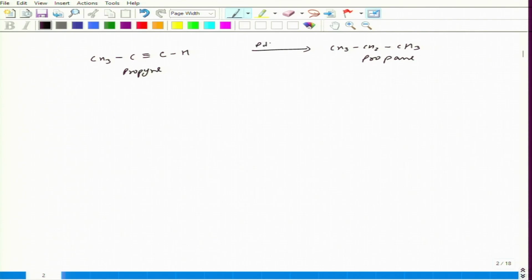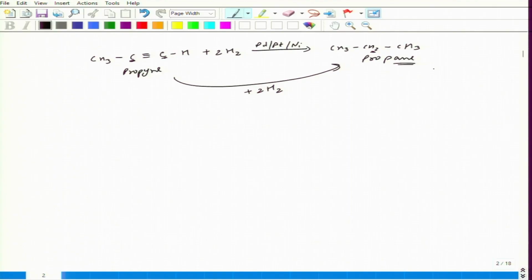The catalyst will be the same, either palladium, platinum or nickel, but see how many hydrogens we have to add this time. We need to add 2 hydrogens here and 2 hydrogens here, so in total we have to add 2 hydrogen molecules in the presence of palladium, platinum or nickel as the catalyst, and then we get propane. So this is how we can prepare alkanes from unsaturated hydrocarbons, using the hydrogenation reaction as an example of a reduction reaction.